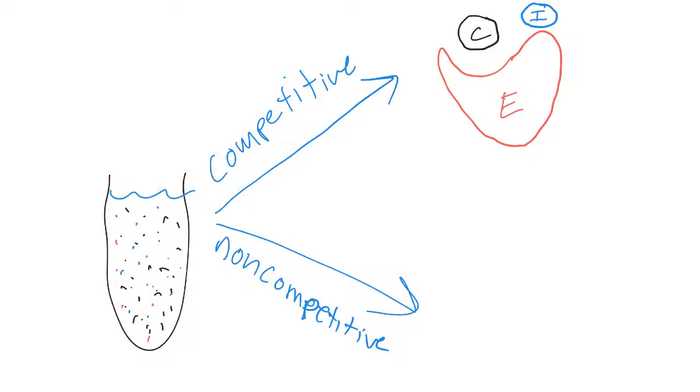Where is the inhibitor going to bind if it's competitive? Right here to the active site. And that's what happened in the first instance, which is why it stayed clear.